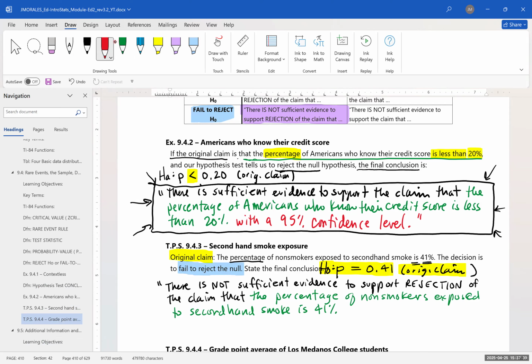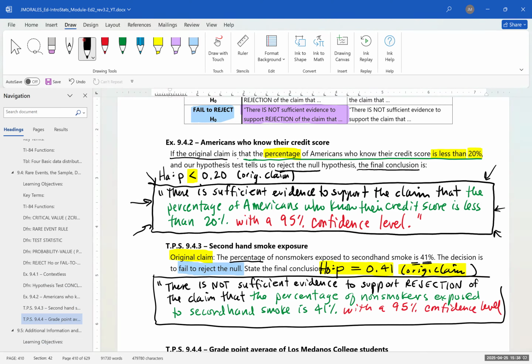And then we include the confidence level. And it wasn't given to us, so we'll just assume it's 95%. So with a 95% confidence level. And that is our conclusion.